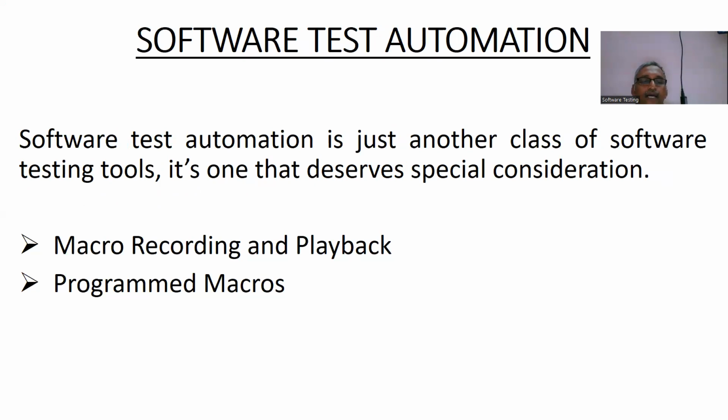Although test automation is just another class of software testing tools, it is one that deserves special consideration. What if those tools could be combined, started and run with little or no intervention from us? They could run our test cases, look for bugs, analyze what they see, and log the result.